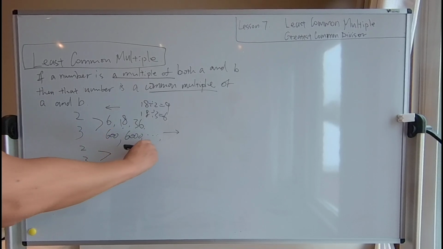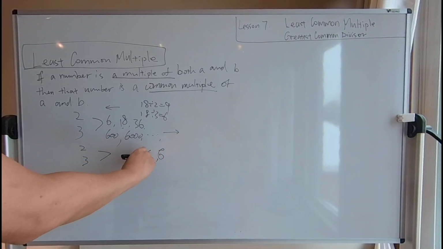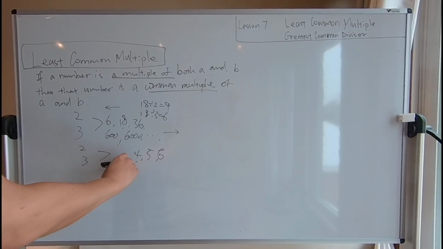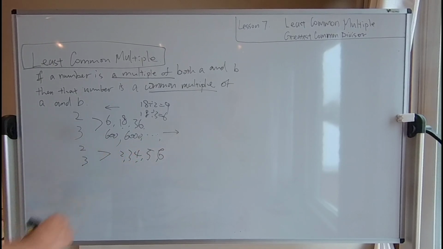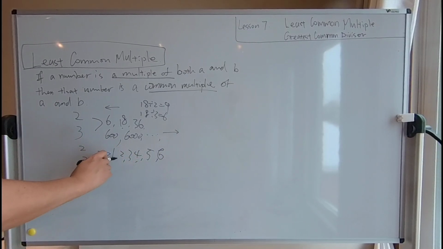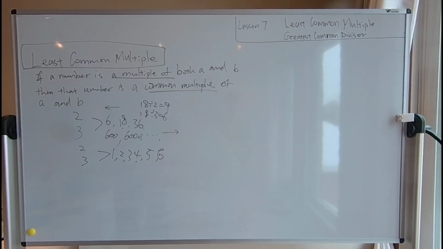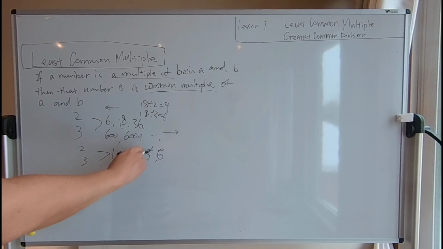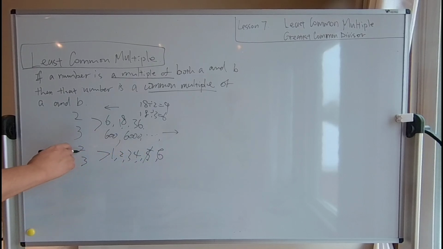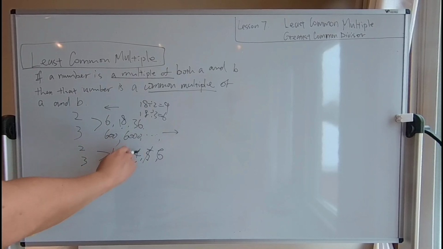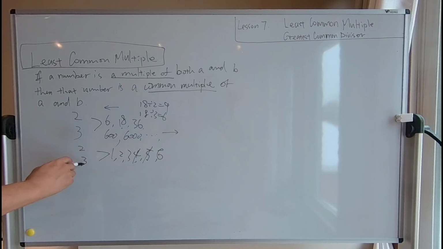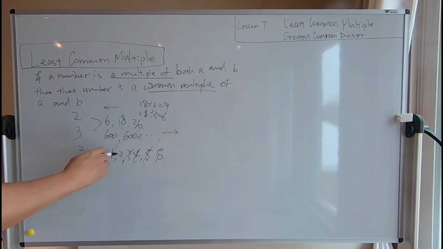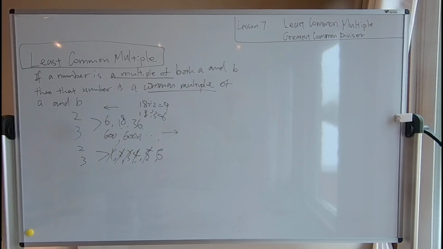In this example, there is no common multiple that is smaller than 6, right? Number 5 is not divisible by either 2 or 3. Number 4 is a multiple of 2, but not a multiple of 3. 3 is a multiple of 3, but not a multiple of 2. Similarly, 2 is not. And number 1, of course, is also not, right?